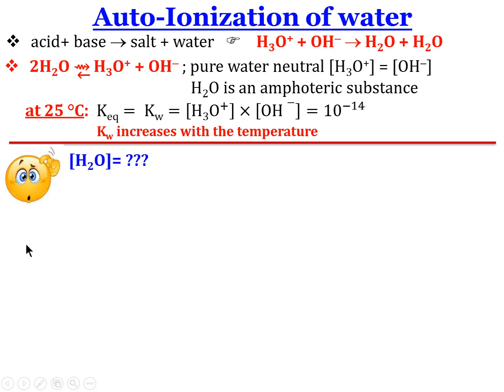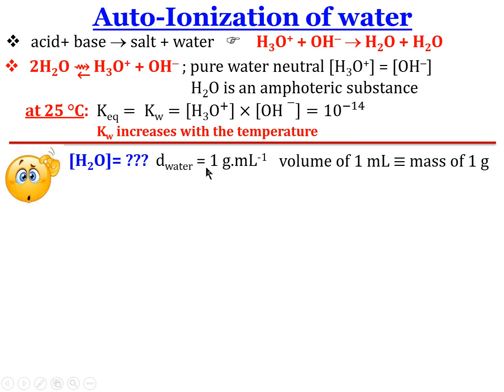What is the concentration of water? The density of pure water is equal to 1 gram per milliliter. That means a volume of 1 milliliter is equivalent to a mass of 1 gram.